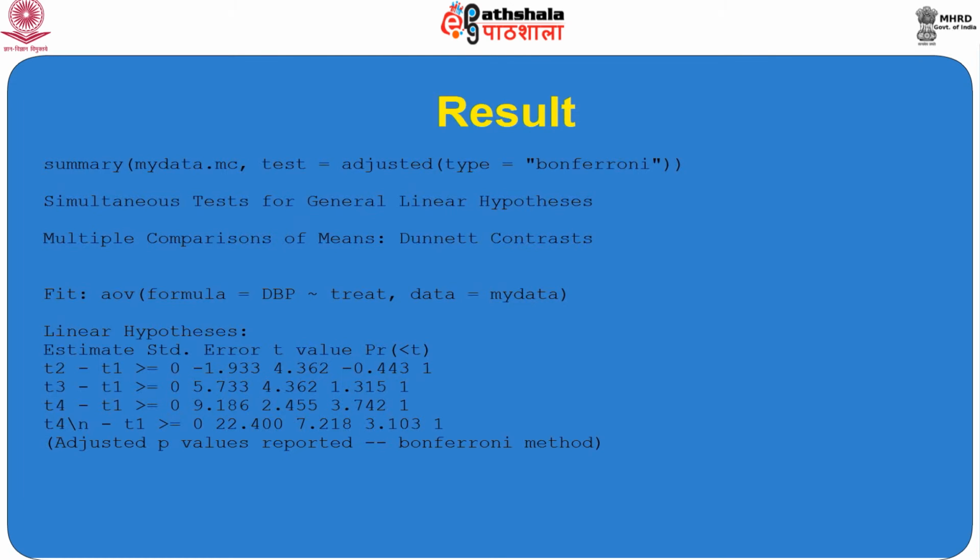In that scenario, the p value is divided into an equal number of groups. Here we have 4 groups, so the observed p value is divided by 4, and that uniform p value is considered for each treatment difference, and based on that the result comes. So this is the other result obtained by applying the Bonferroni test.